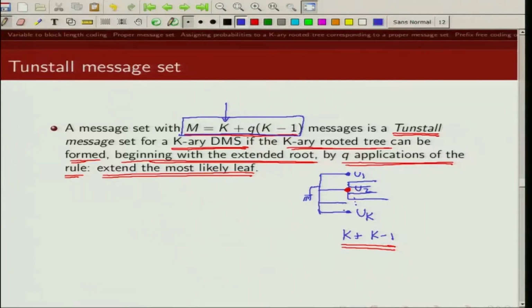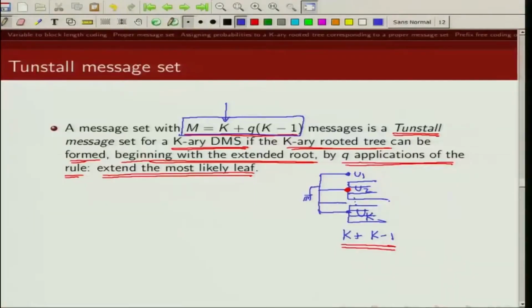Now again, if I extend any leaf, I will be creating K new leaves, but one leaf which was earlier a leaf is now a node. So except the first time when I extend from the root, each time I am adding K minus 1 leaves. Remember, a proper message set will use all its leaves.